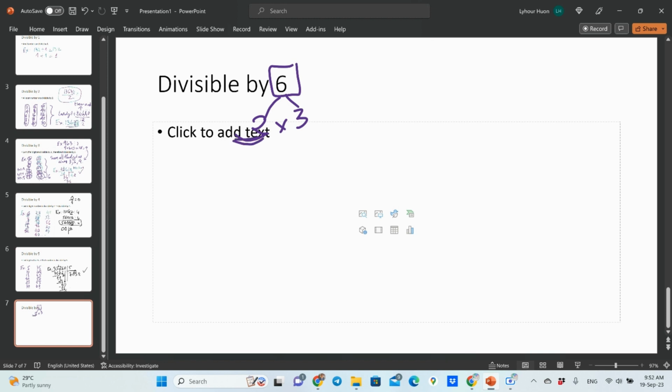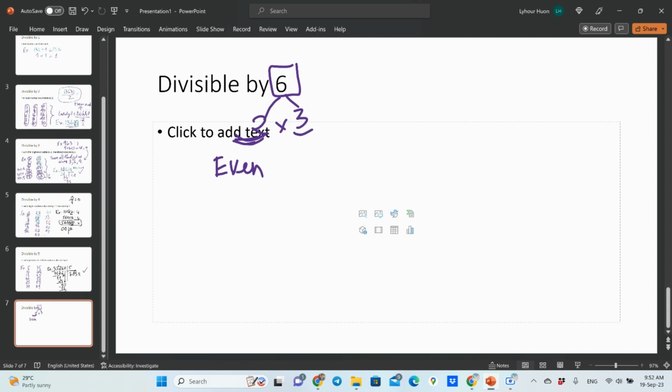By the rule, what numbers can be divisible by 2? Like 42, 36. The number has to be an even number, right? The condition for divisibility by 2 is all even numbers.